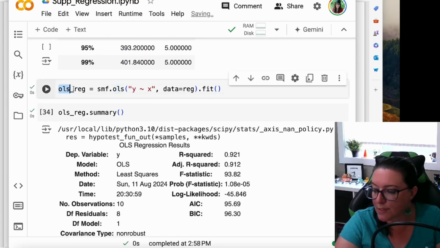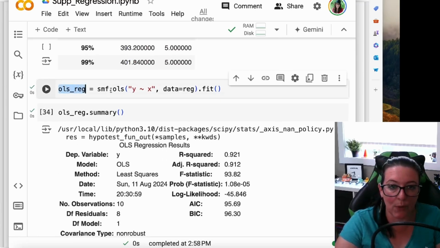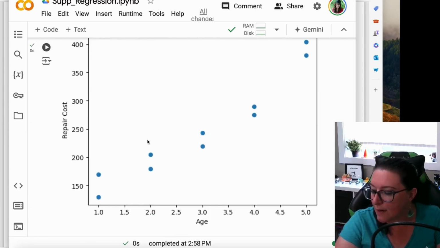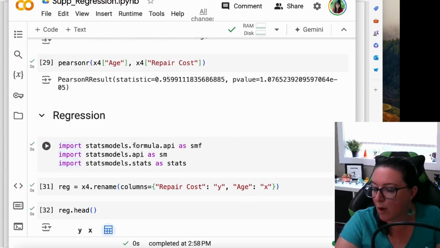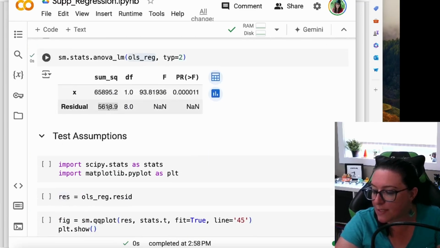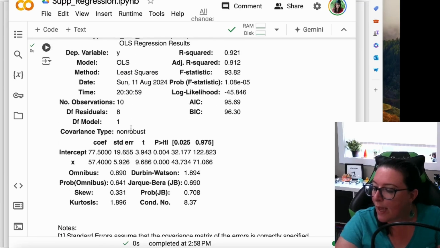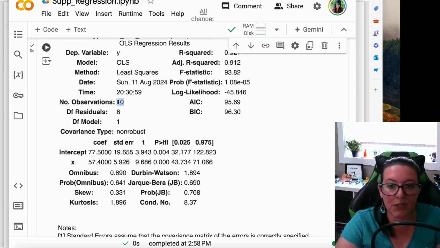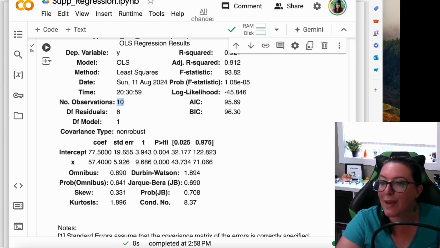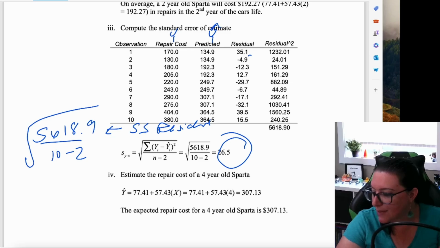We created OLS_reg as our regression model, using statsmodels.formula.api as smf. So now we have 5618.9, and we have our 10 observations. We take 5618.9 divided by 10 minus 2 and take the square root. We get the standard error of the estimate.